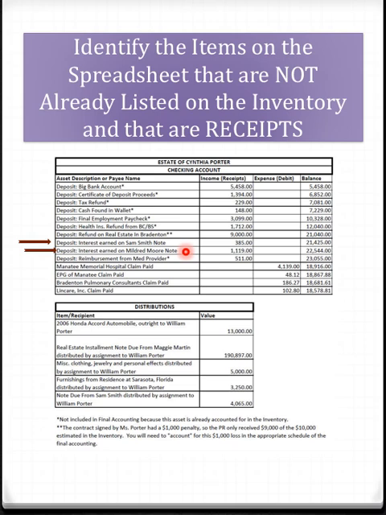So as a result, these two items of $385 and $1,119 are receipts that were received, and they're not listed on the inventory. They differ from what was listed on the inventory. So I'll give that a minute for you to comprehend.